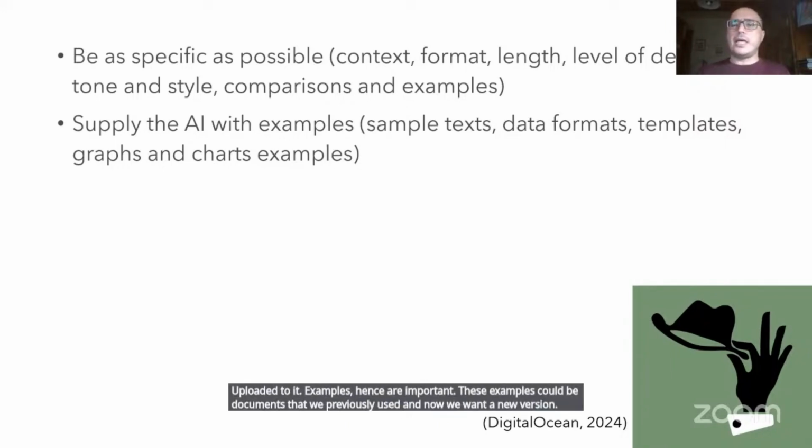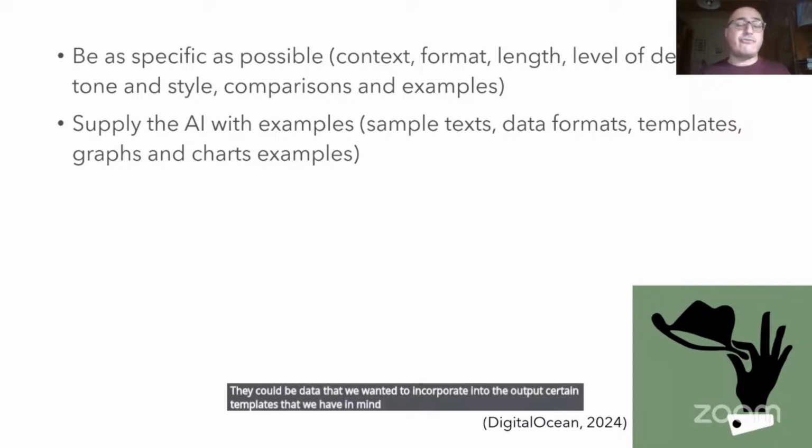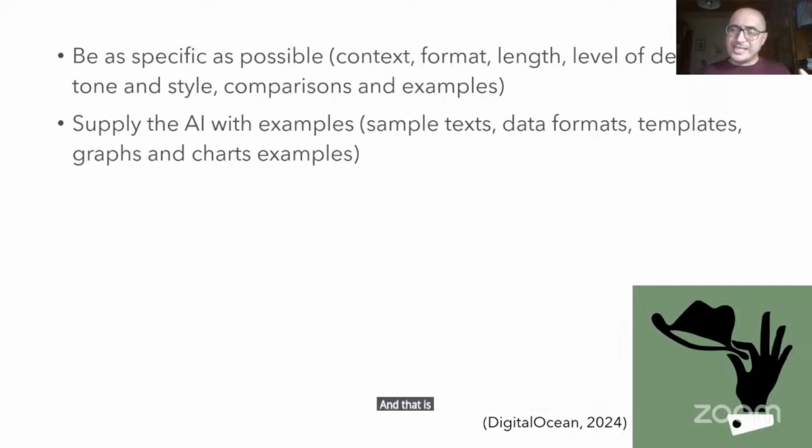They could be data that we wanted to incorporate into the output, certain templates that we have in mind. It could be even a referencing style that we ultimately wanted to follow, especially if it's not a referencing style that is widely available or that has been adapted. That is also important. It needs to know the parameters within which to actually work.